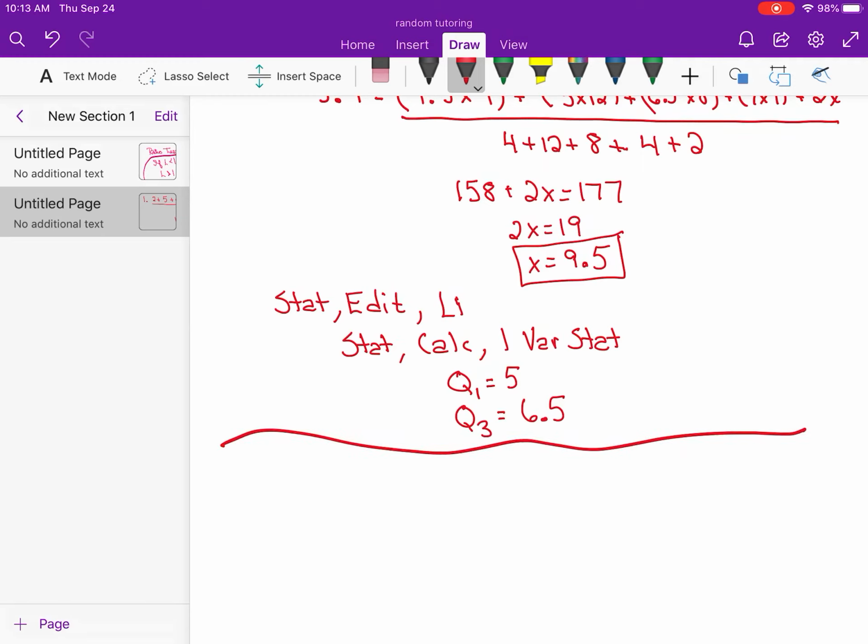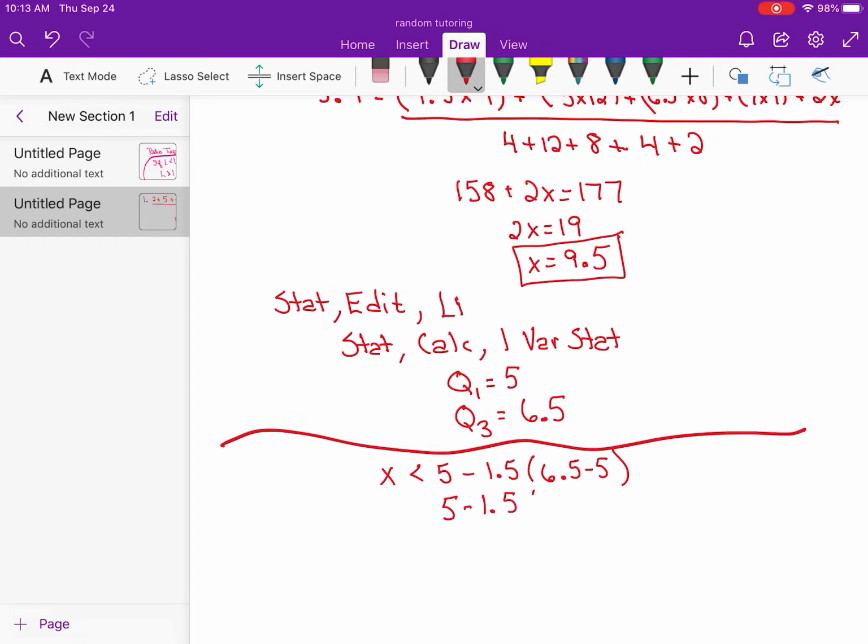And then determine whether the value of x is an outlier. Well, x will either have to be less than quartile 1 minus 1.5 times the interquartile range. I do not have a calculator in front of me, but I could probably do that by hand. 6.5 minus 5 is 1.5, obviously.